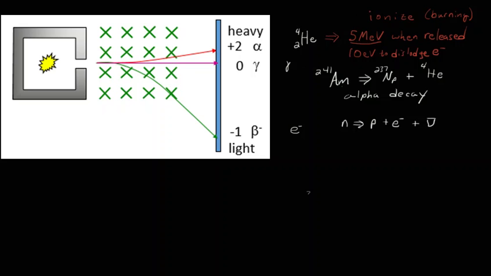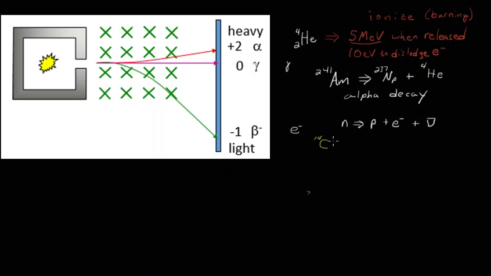Now, when there is beta decay, let's look at something like carbon 14. Carbon is normally 12 nucleons, so there are 2 extra neutrons here.